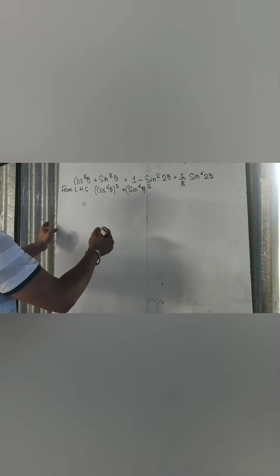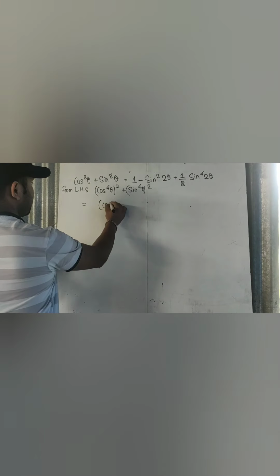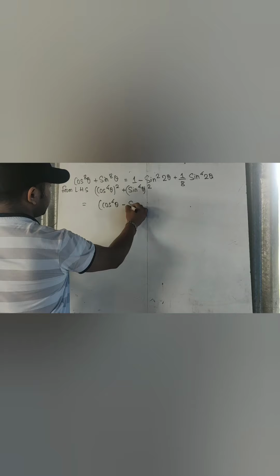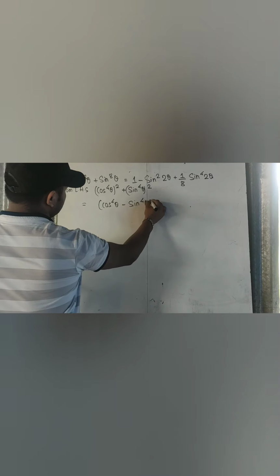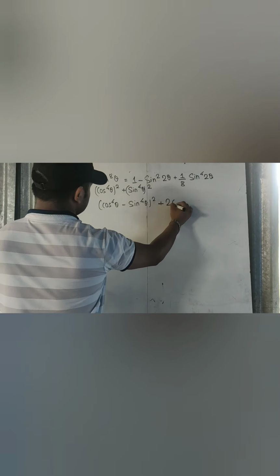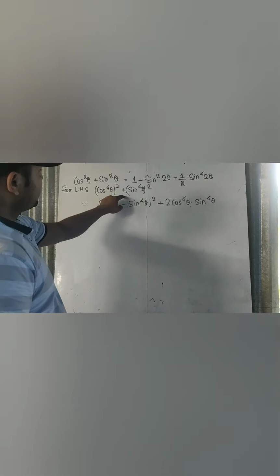So we are going to use the same formula, (A plus B) whole square minus 2AB, or (A minus B) whole square plus 2AB. This problem is easy to solve when you use the formula (A minus B) whole square plus 2AB.